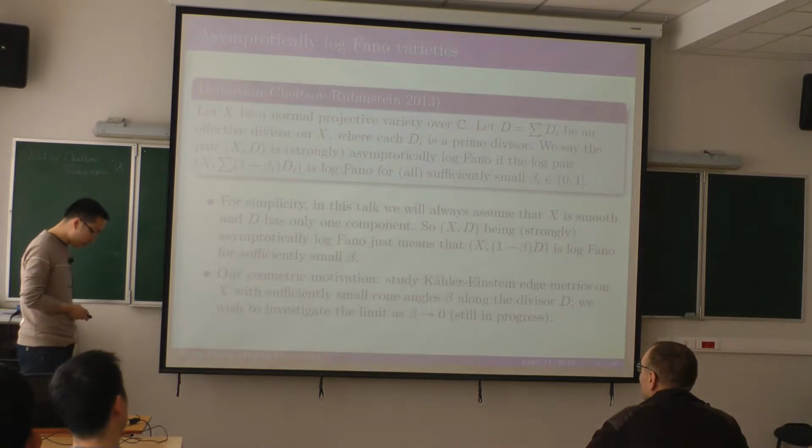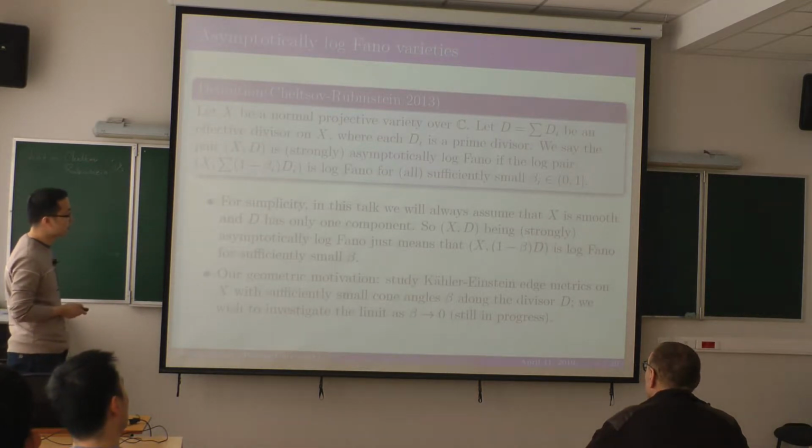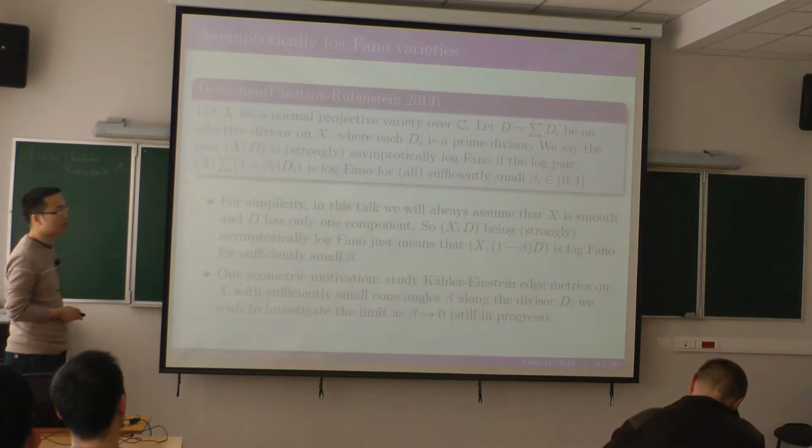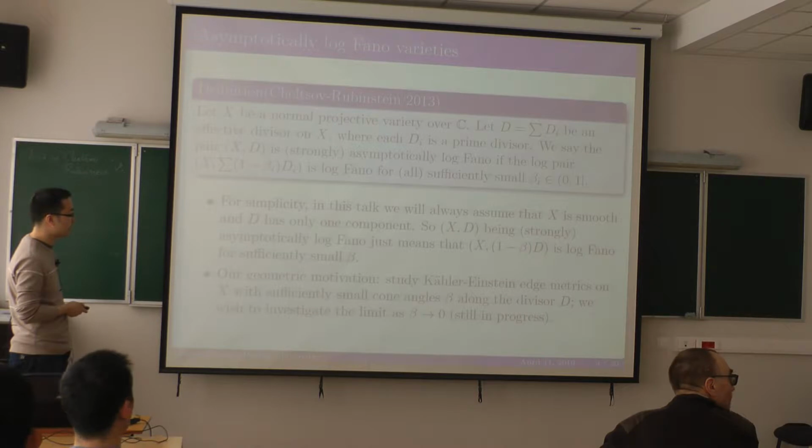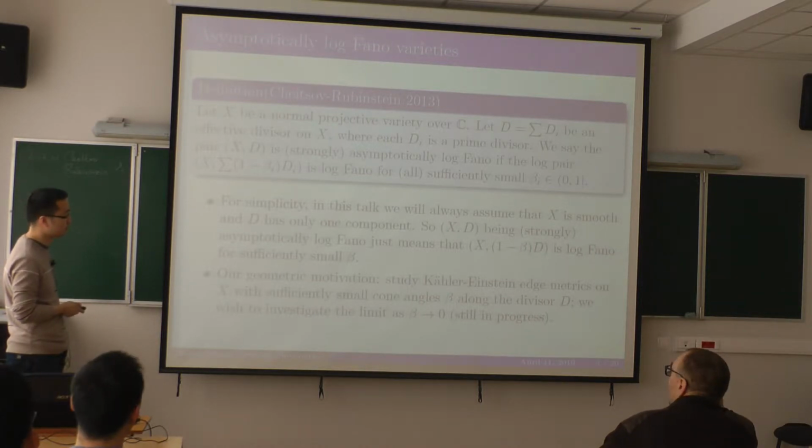I recall that in the Fano setting, suppose this divisor D is in the anti-canonical linear system, then we always have such a solution by the work of many people. And the existence of Kähler-Einstein edge metrics with small cone angle is not hard to establish.